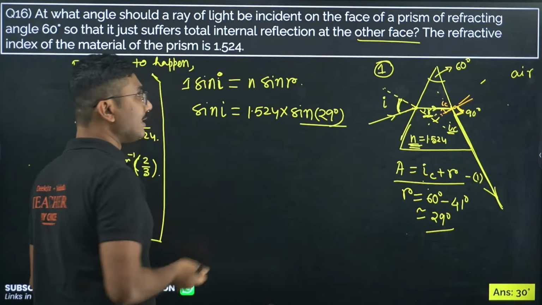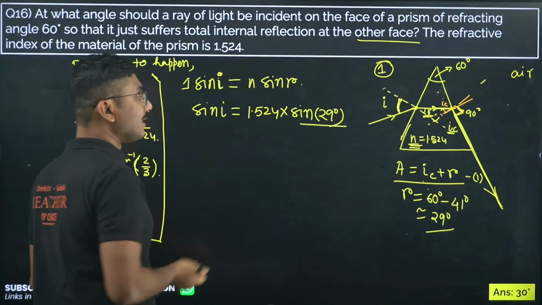So why R1 equals R2? Because, first of all, it is a double convex lens. Secondly, it is mentioned in the question that both faces have the same radius of curvature. Instead of that, it can be mentioned as equiconvex lens.